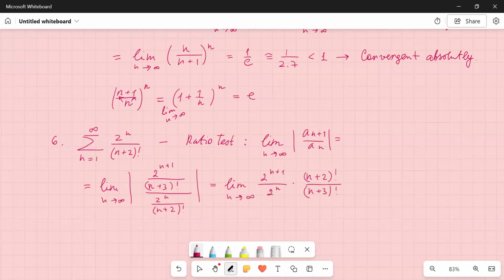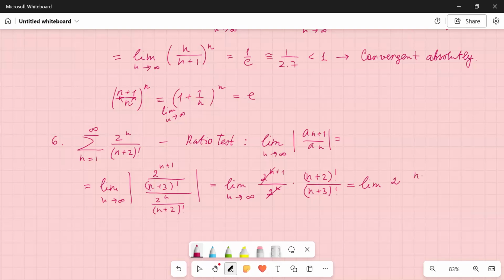And guys, if it's too fast for you, you can stop it and try to do it yourself. Simplify the fraction. I just don't know how fast your brain is working because I'm teaching basically nobody, and I cannot adjust my pace. So the first fraction, you cancel 2 to the power of n, it's just 2 left, right?